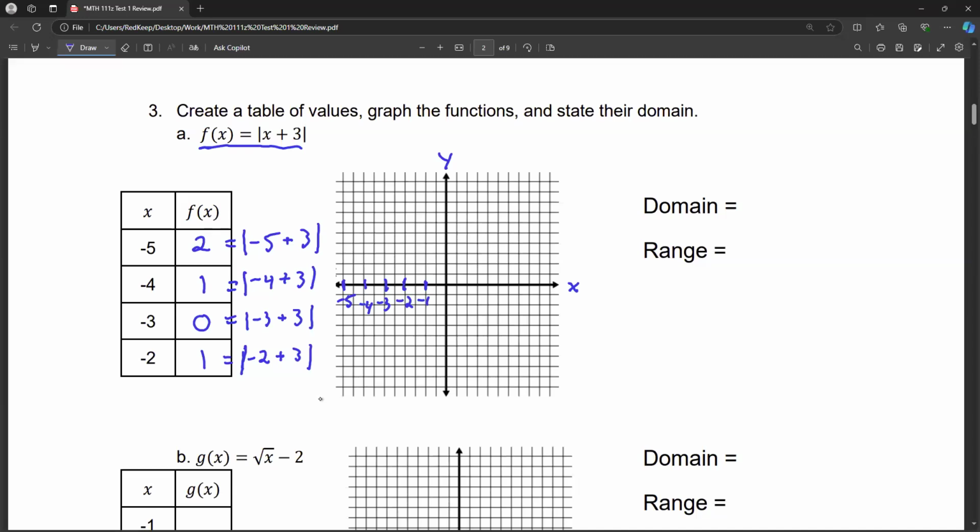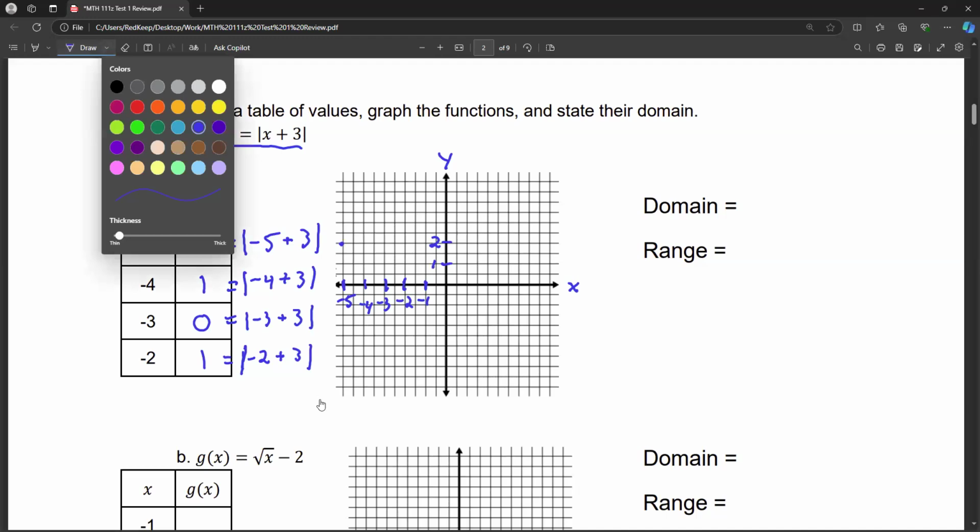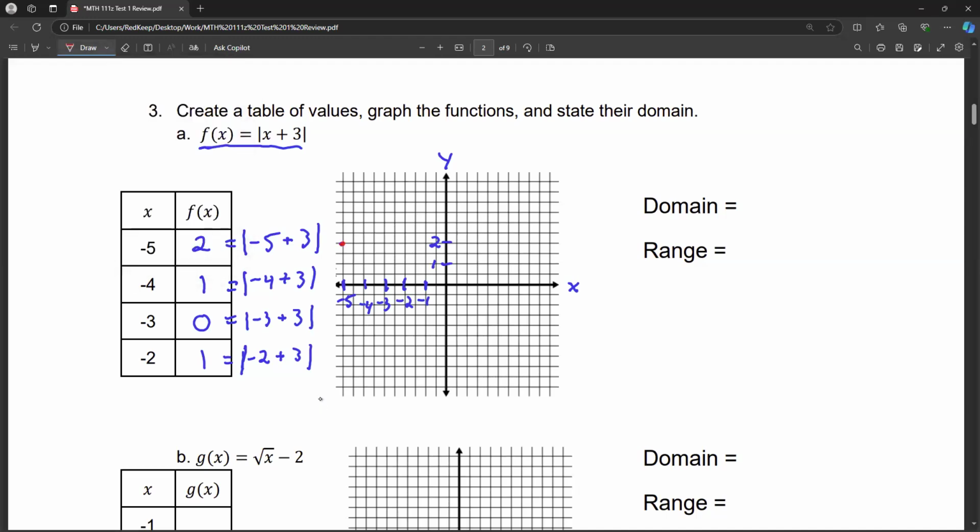So our first x value is -5. I'm all the way to the left here, and then I want to go up to +2. So that's going to be right here. Let me change that color so it stands out for us. The next point I'm going to plot is x equaling -4, and the output in that scenario is +1.